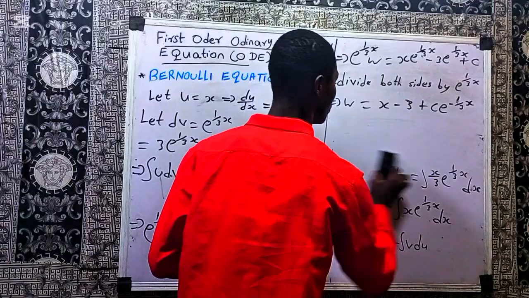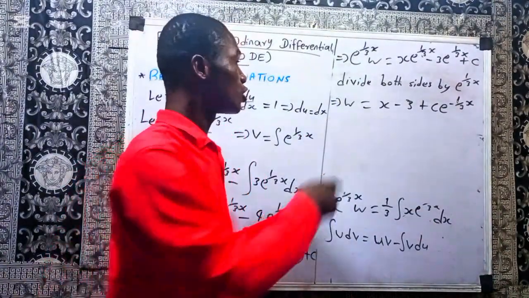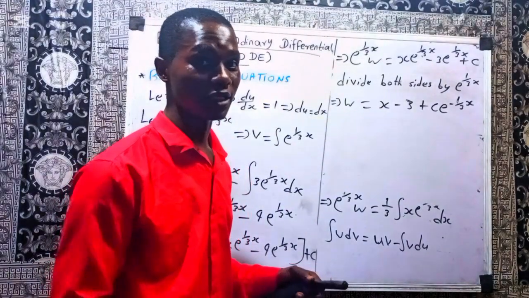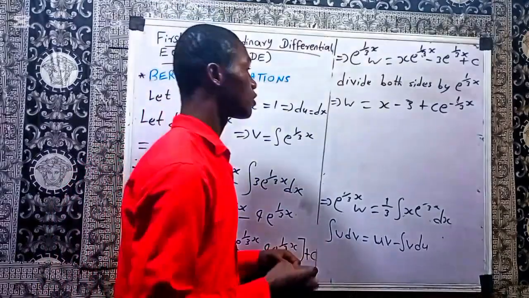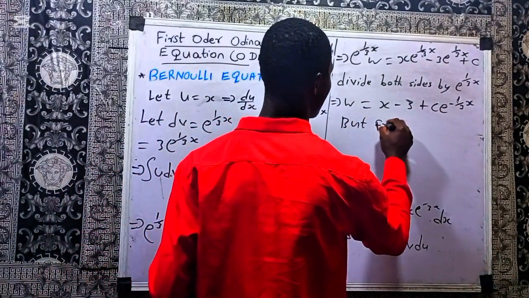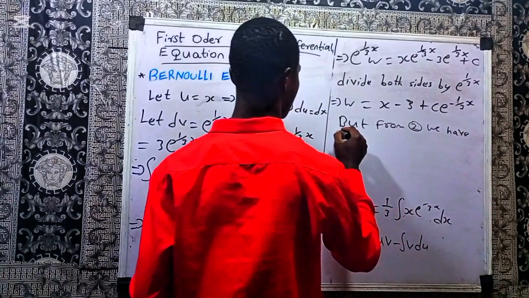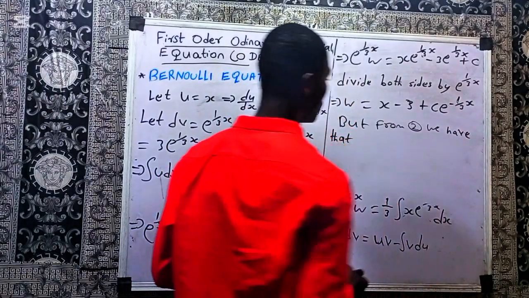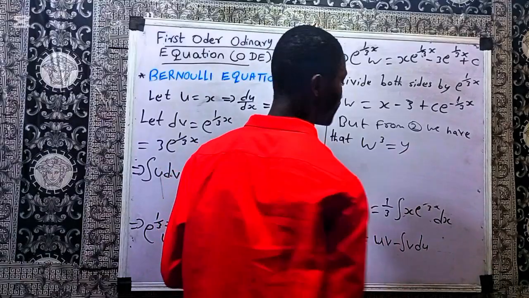So we are going to return our y, because our dependent variable is not w. W just helped us to solve the problem. The main dependent variable is y in the original equation, right? Remember, right? So we are going to return that. But from equation 2, we have that w raised to power 3 equals y.